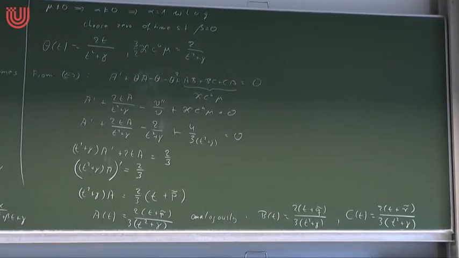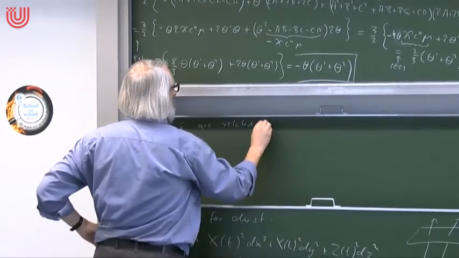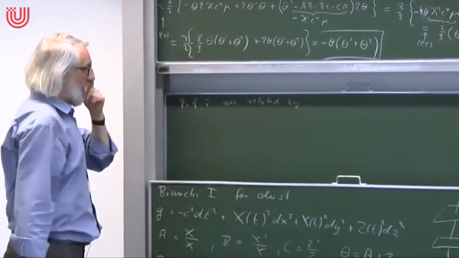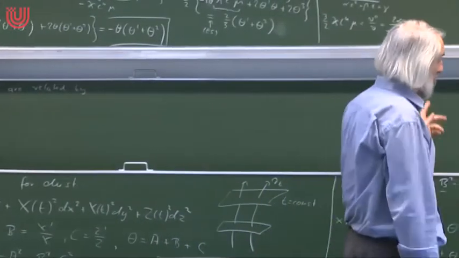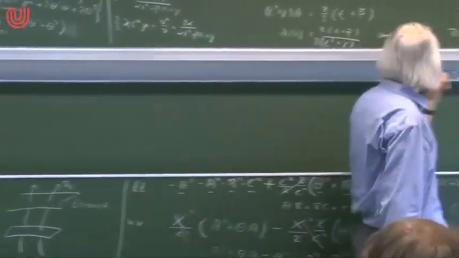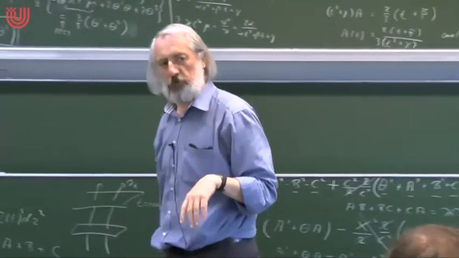P tilde, Q tilde, and R tilde are related by two conditions. Remember what we did last time when we considered the vacuum case, the Kästner solutions. We also had three coefficients, P, Q, and R, and we had two relations between them, the so-called Kästner relations.